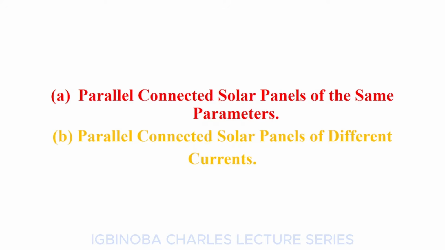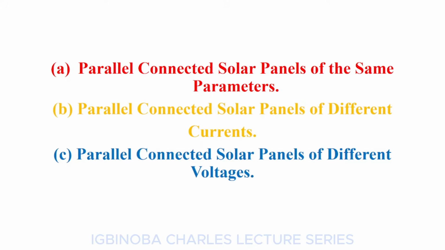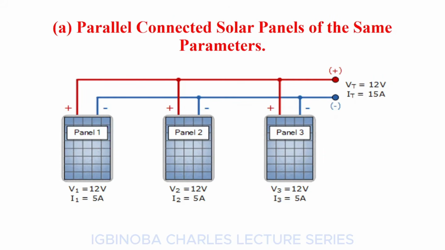Number 2, parallel connected solar panels of different current. Number 3, parallel connected solar panels of different voltages. So we take the first case, parallel connected solar panels of the same parameters.